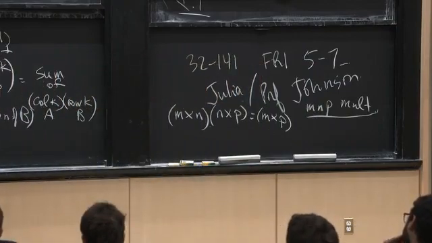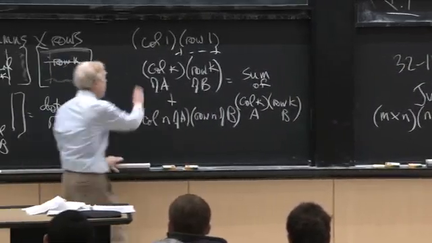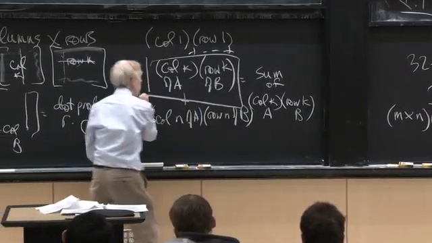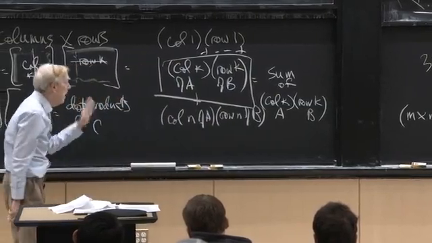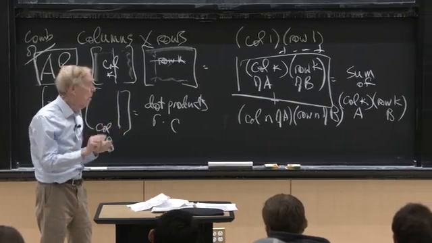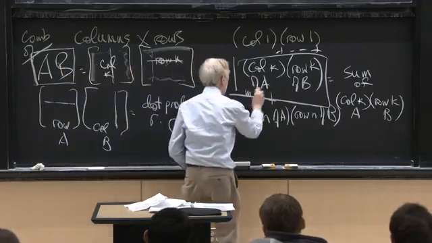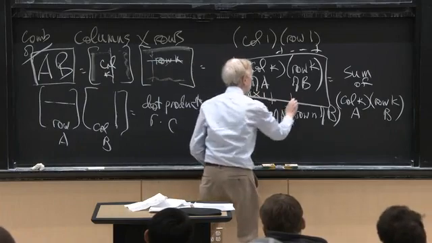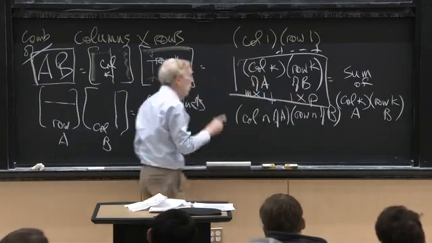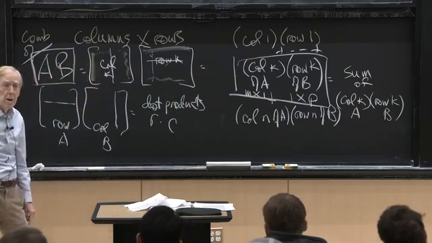Now, suppose I do it this way. How many multiplications to do one of those guys, to multiply a column by a row? This is M by 1, and this is 1 by P. One column, one row. How many multiplications for that? MP.